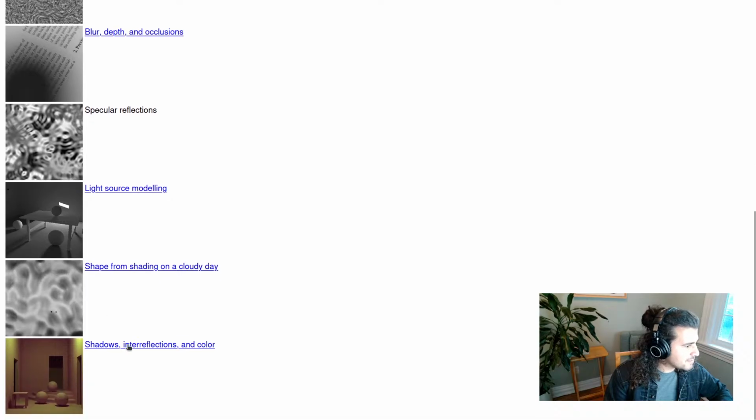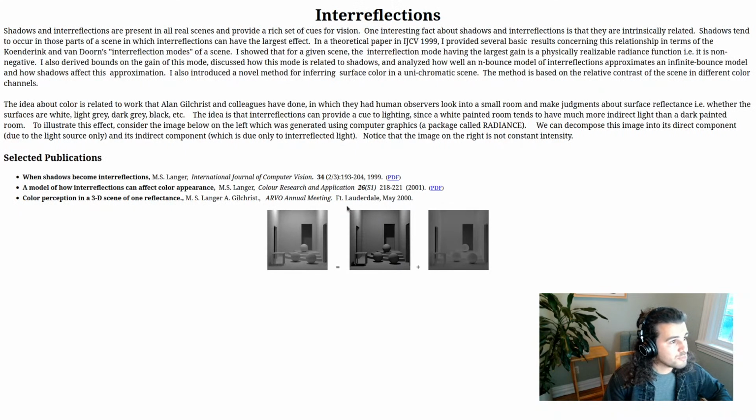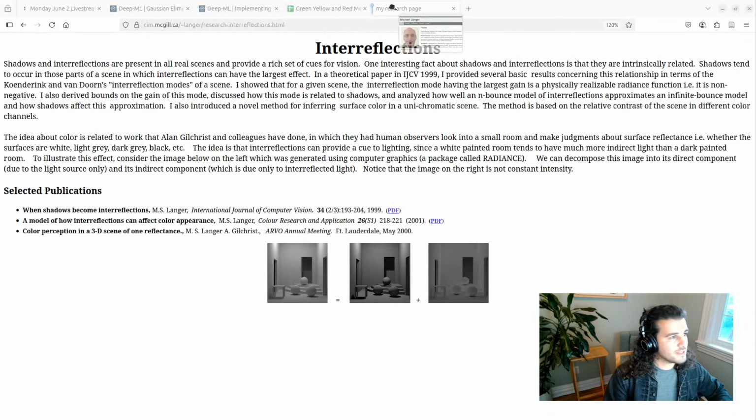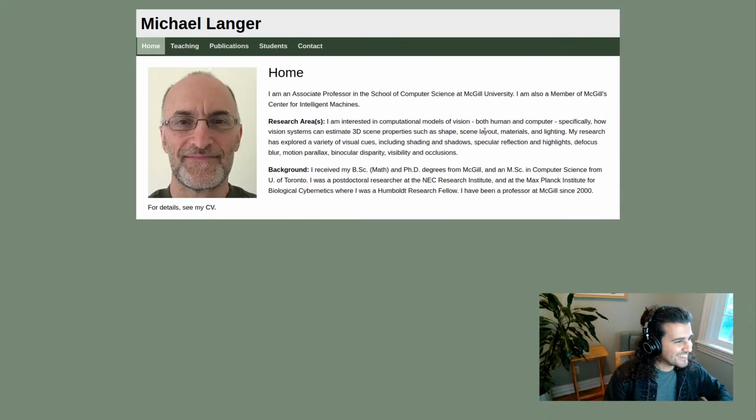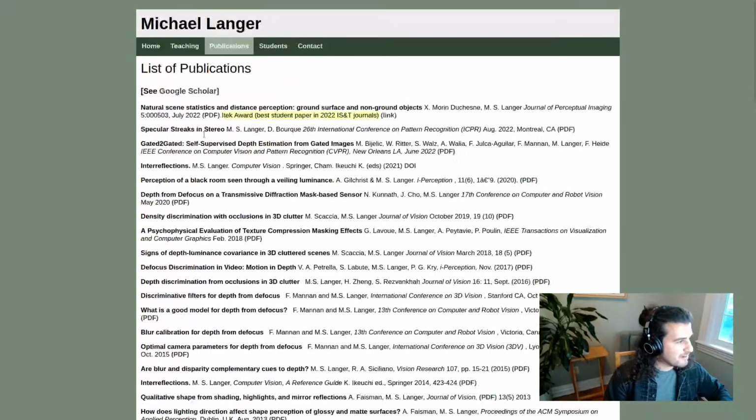He was designing these types of algorithms and literally making the algorithm for this. It's pretty cool stuff. It's very OG computer science. The guy is Dr. Michael Langer. If you're interested in checking this out, made me think of him because look at this. It looked like the guy has been arrested or something. But pretty interesting stuff here. You can check out his publications. He's been publishing forever.